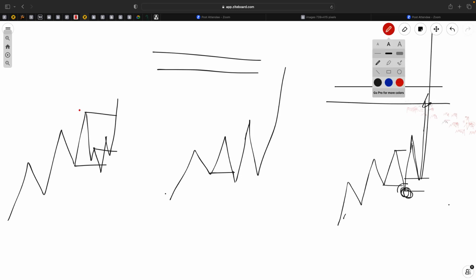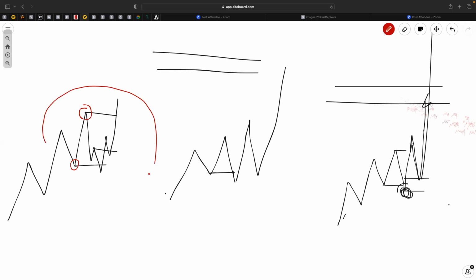You're already out from this setup, external to external. Now, if we put this drawing into a single drawing, this is what you will have. High, low, high, low, high. Boom. Protected low. This is what you have in a single drawing. So, you can get it from this trade right here, and get out of here.